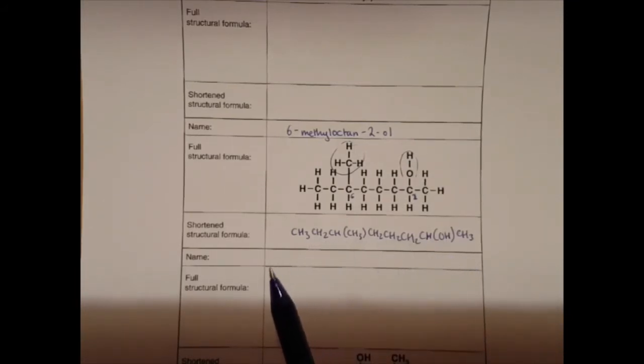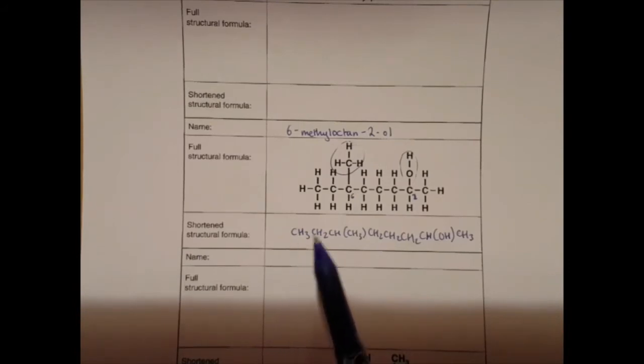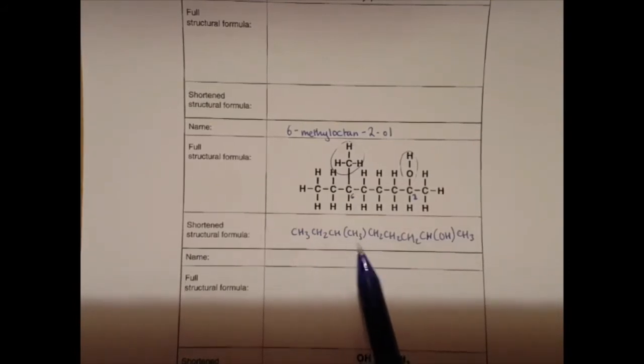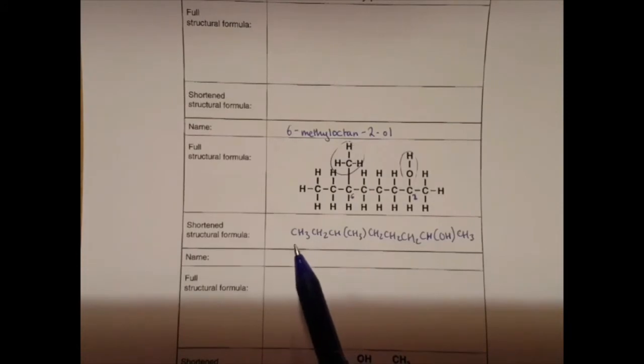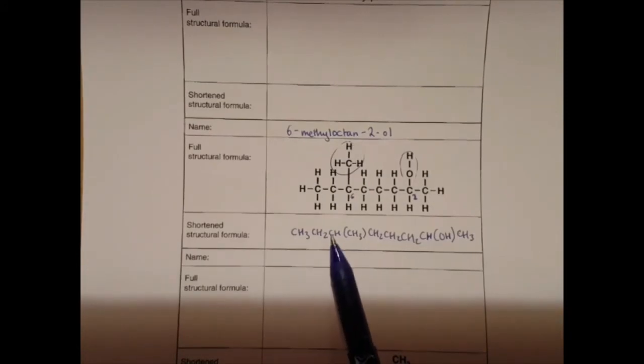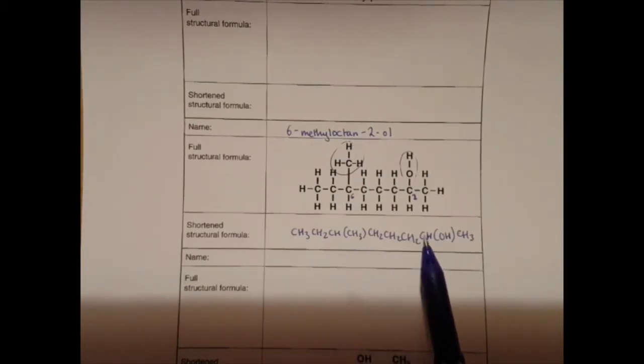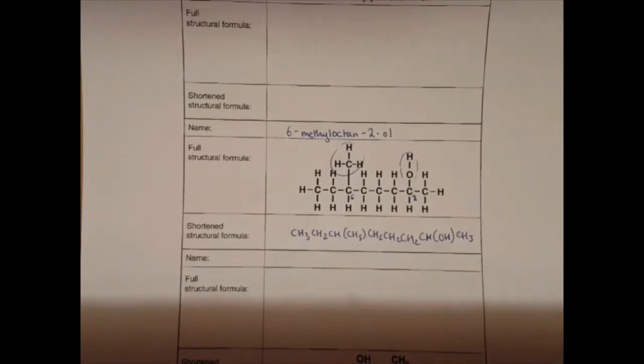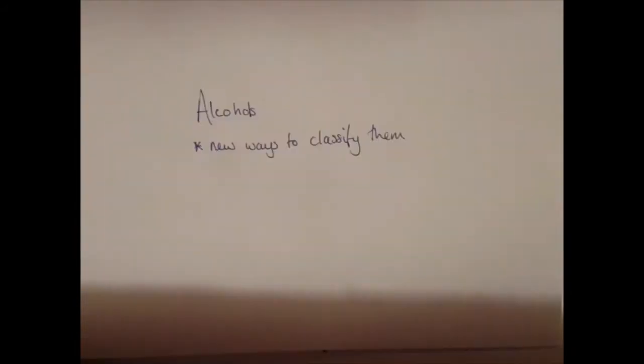Sometimes it's worth just double checking you've got the right number of carbons in a shortened structural formula. Remember anything in brackets is a branch, so I don't have to count that as my main chain, but I've got 1, 2, 3, 4, 5, 6, 7, 8 carbons in my main chain, so I know I'm okay with that. I'm just not going through these other ones because I want you to make sure you do at least some of the examples yourselves, but I'll mark them when you submit your work on Teams.